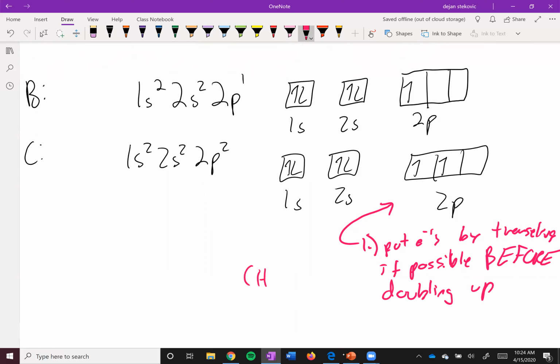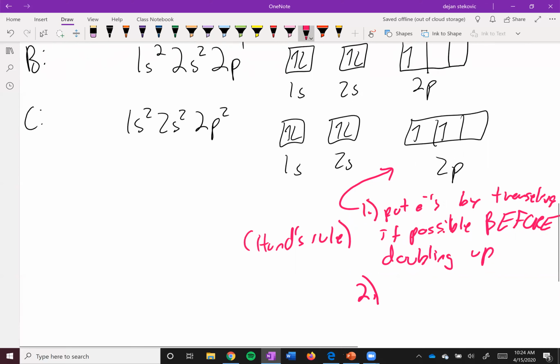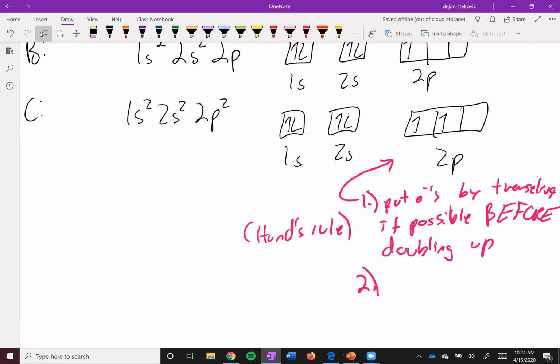This is called Hund's Rule. Again, you don't have to know the name, you just have to know what it means. And then the second thing that we have to remember here is that your arrows must face the same way. So the first one I drew up, so the second one I must draw up as well. So arrows must face the same way.